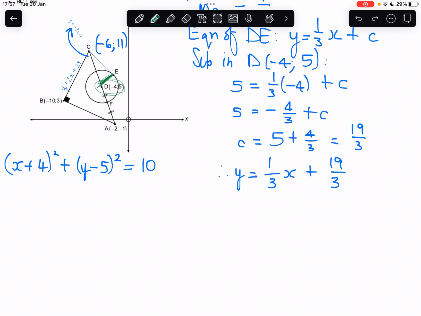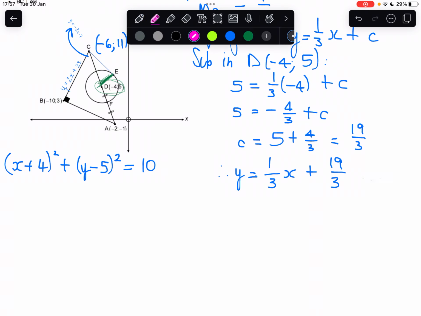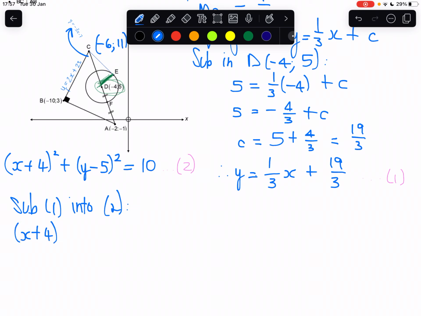This is equation 1 and this is equation 2. So sub 1 into 2. So we've got (x + 4) squared plus (a third x plus 19 over 3, replacing that y, minus 5) squared is equal to 10.